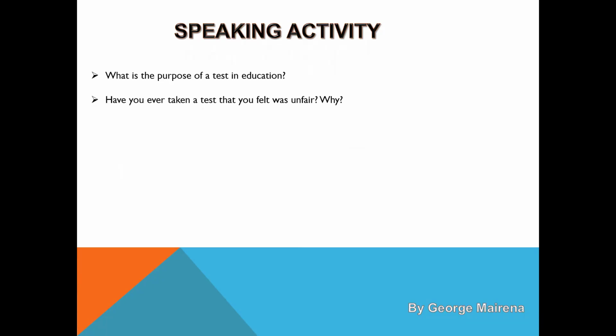Let me tell you, folks, that some students have felt the test has been unfair because they say that some questions were not related to what they studied, right? Or probably the instructions were not clear and they didn't understand what to do.